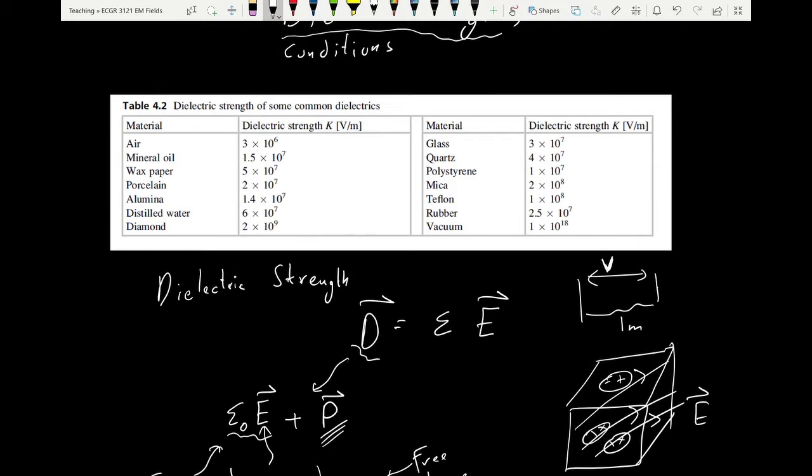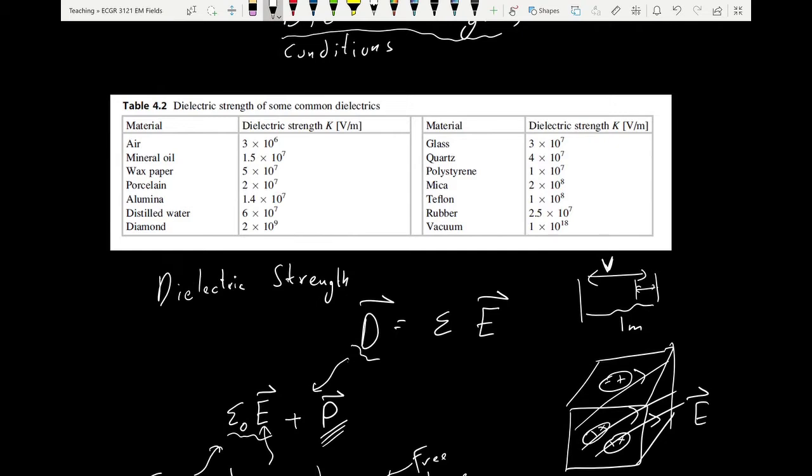That voltage is 3 million volts. If you have 3 million volts per meter, that's enough to turn the air into a plasma and break the dielectric material that is the air. Of course, you can scale it down. Let's say you're interested in 1 centimeter, and a meter has 100 centimeters.